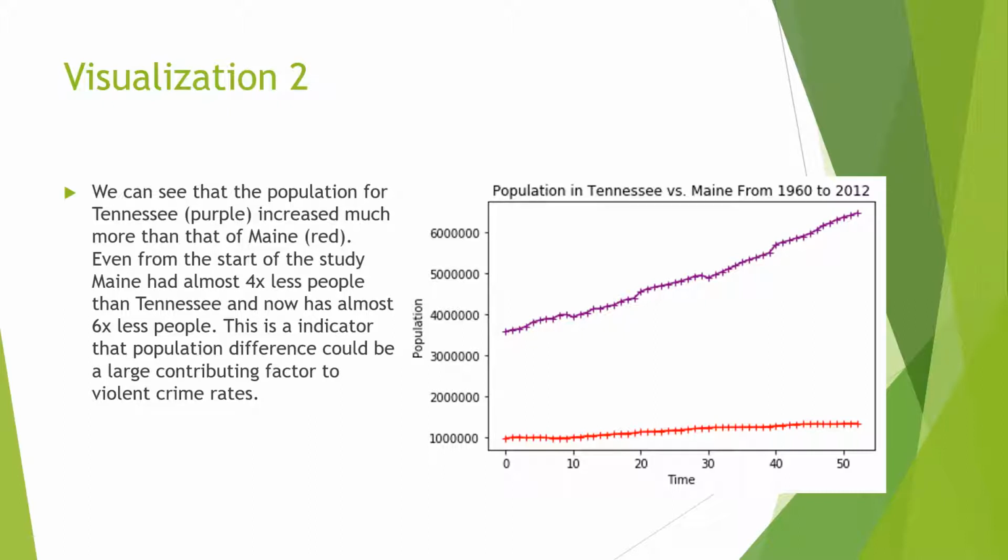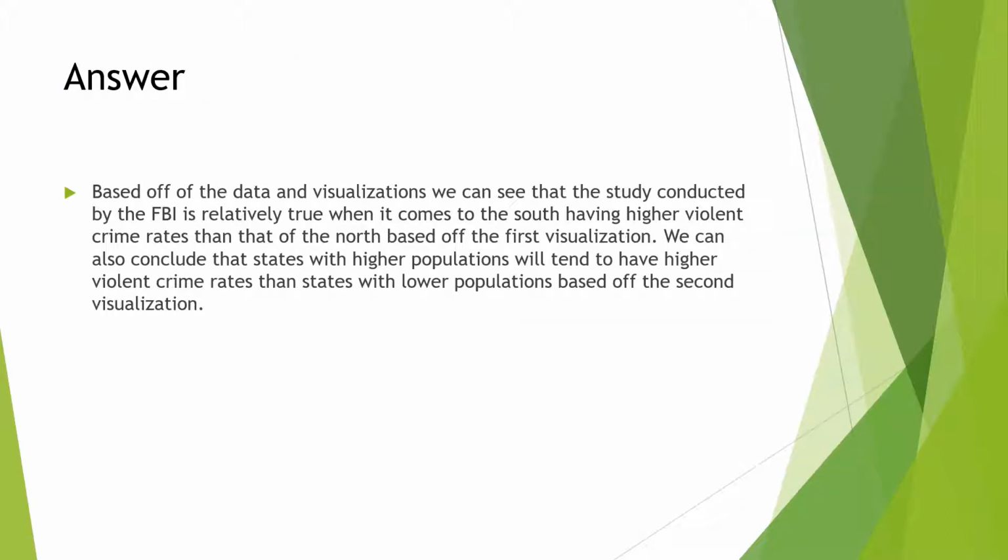This is an indicator that population difference could possibly be a contributing factor to violent crime rates. Based off of the data and the visualizations provided, the study conducted by the FBI is relatively true when it comes to the South having higher violent crime rates than the North, based off the first visualization. We can also conclude that states with higher populations will tend to have higher violent crime rates than states with lower populations, based off the second visualization.